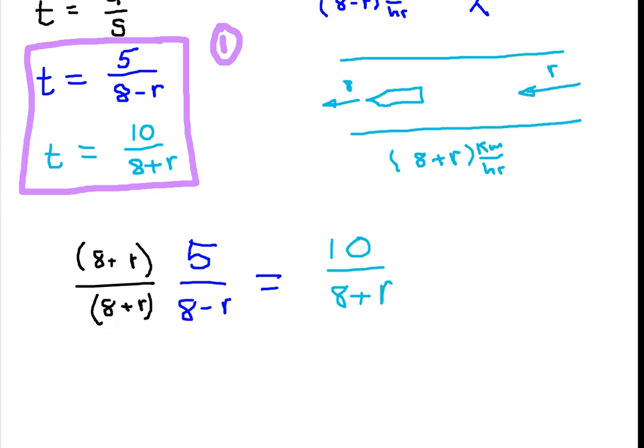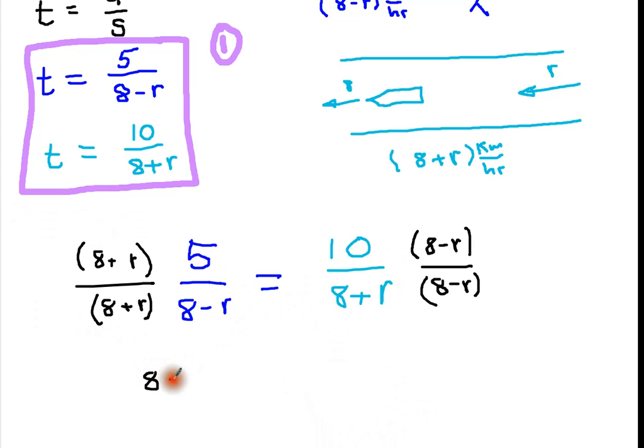And on the right side, I'm going to make 1 look like this: 8 minus r over 8 minus r. Now, why did I choose these two ways of writing 1? Well, now in the denominator, I have a common denominator. And with that common denominator, I can now say, well, if the denominators are equal, then the things in the numerators must be equal.